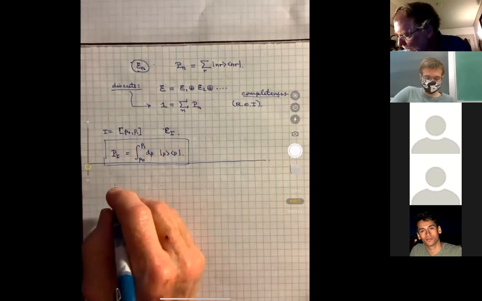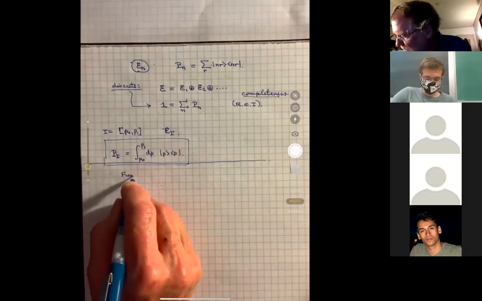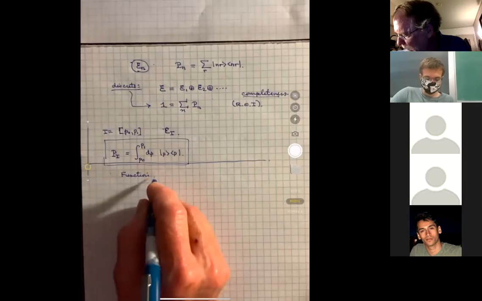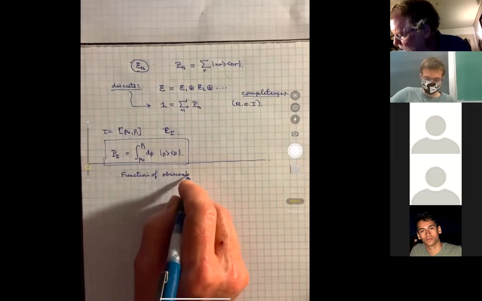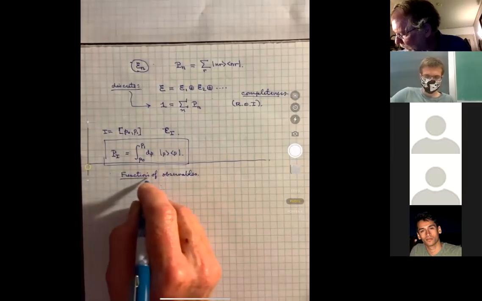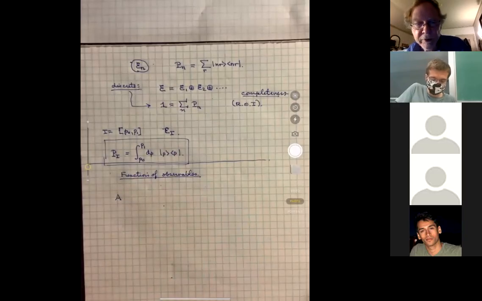One final topic that I want to mention is what we mean by talking about functions of an operator. Really, we're interested in functions of observables. This is the main case in which it's used in quantum mechanics, as a function of an observable. If A is any operator, there's certain functions that are trivial to define.